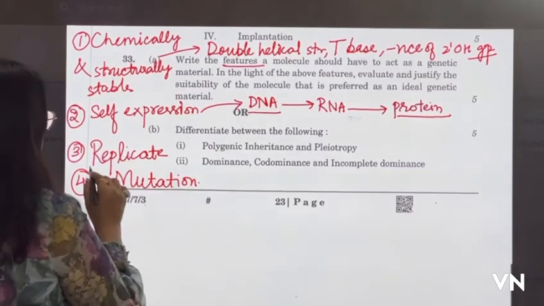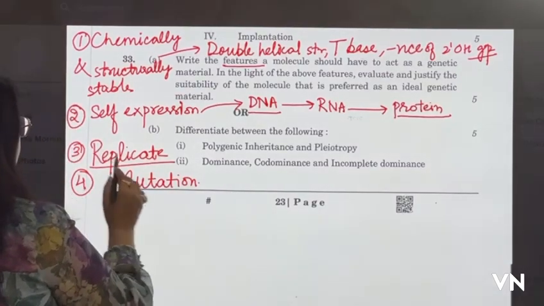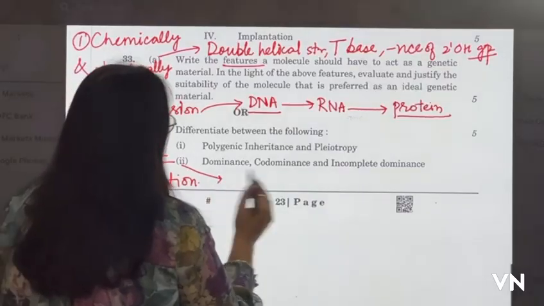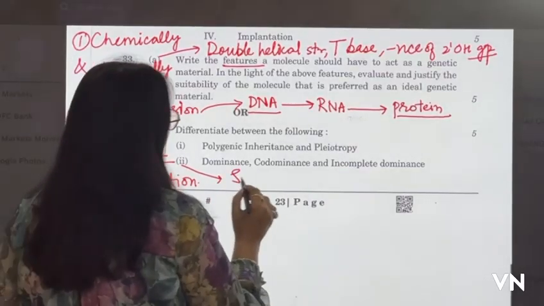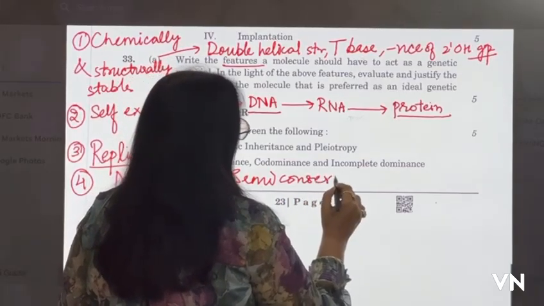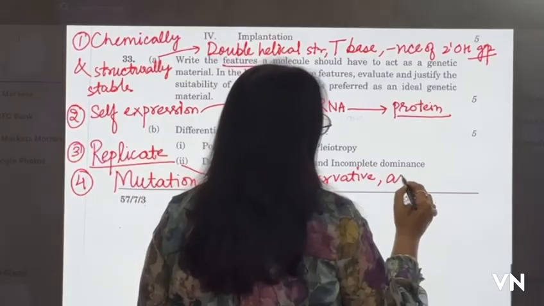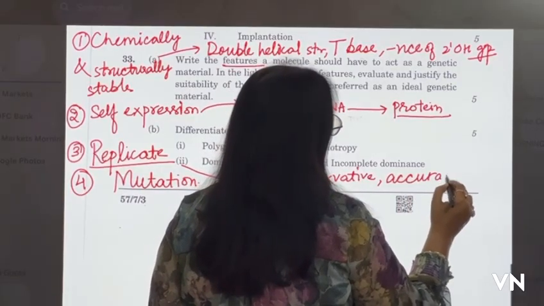And this way, all information which is stored in DNA is expressed in the form of proteins. And replication, you know, DNA is able to replicate, through semi-conservative and accurate replication.